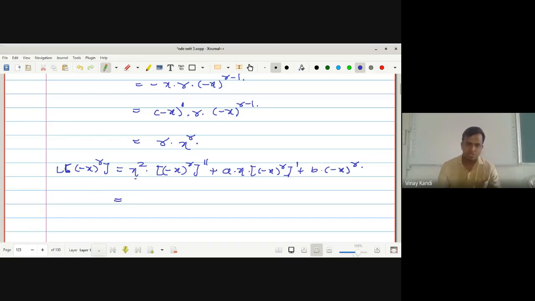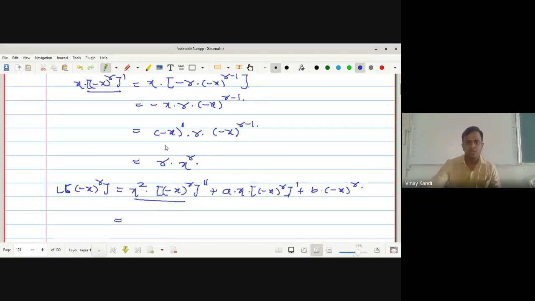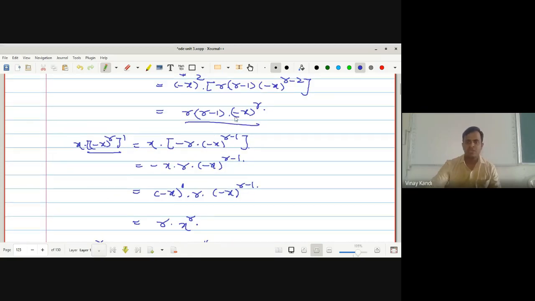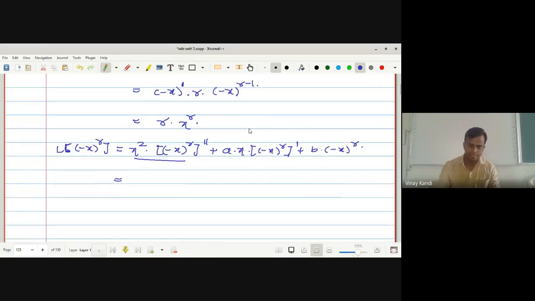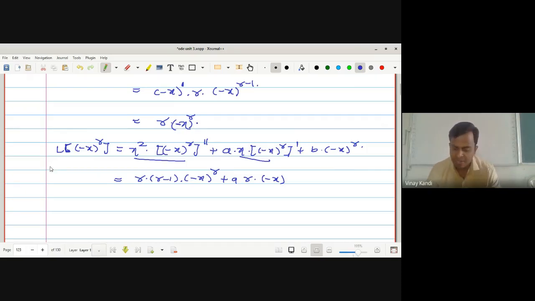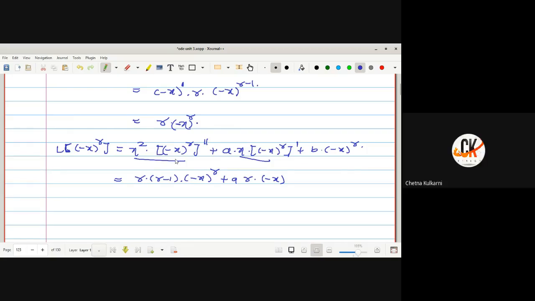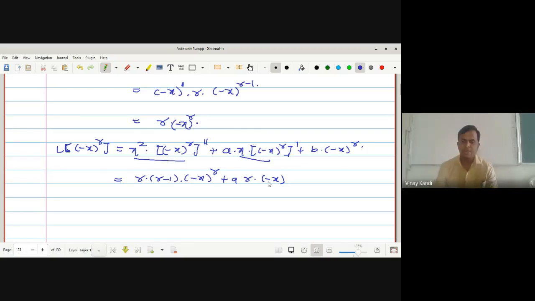The value of this one is r into r minus 1 into minus x raised to r, plus a as it is, the value of this one here r into minus x raised to r. Sorry, we need minus x here, right? Yes, sir. Tell me if I am making a mistake.